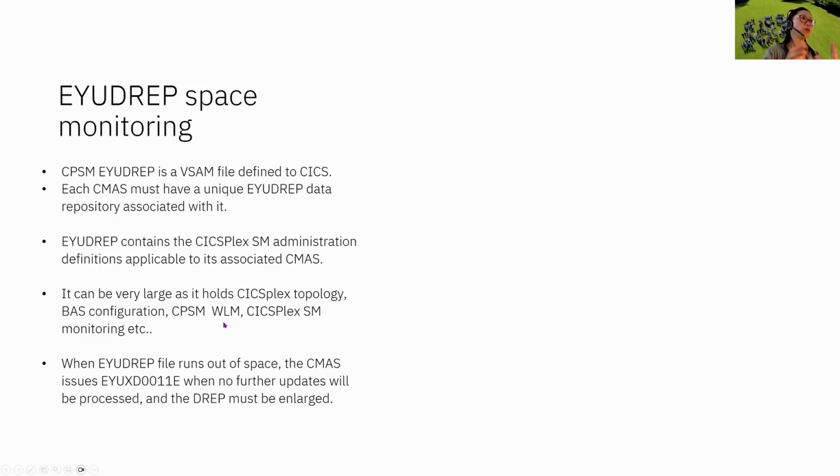So it's all the information for CICS, etc. It can be very large, especially if you have a large environment. And if this file runs out of space, the CMAS will issue an error message, then no further updates can be processed until this file is enlarged, which also means you have to take down the CMAS.